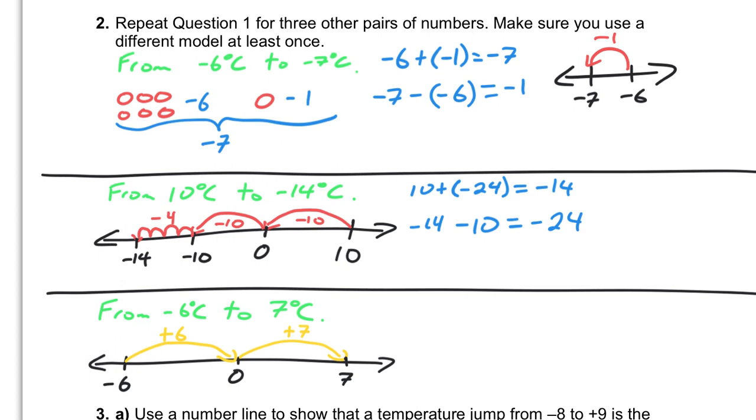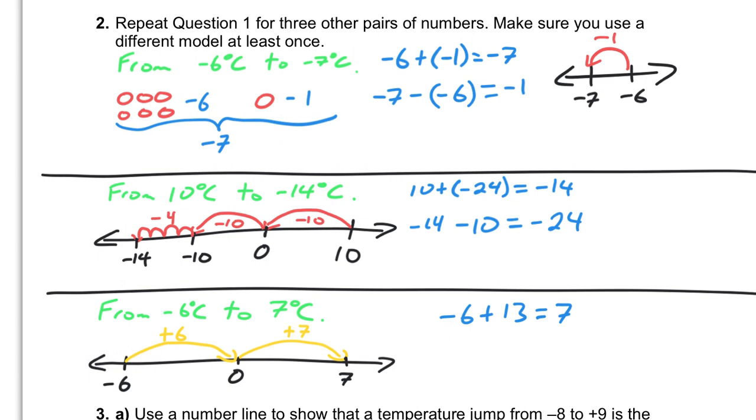How much have I added in total? Well, I've added 13. So my addition sentence can look like this. I start at -6, I add 13, and I end up with 7 degrees. How does this look as a subtraction question?